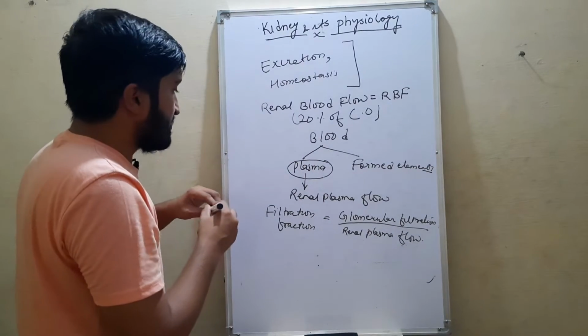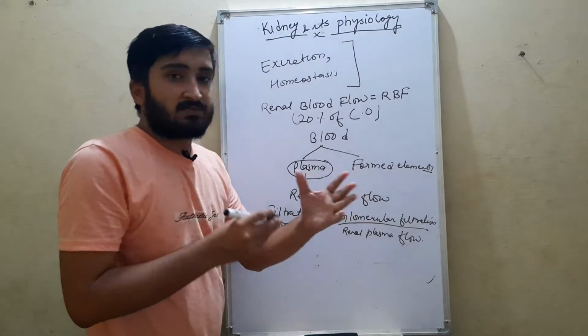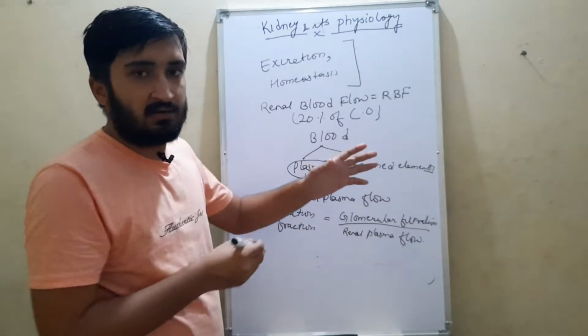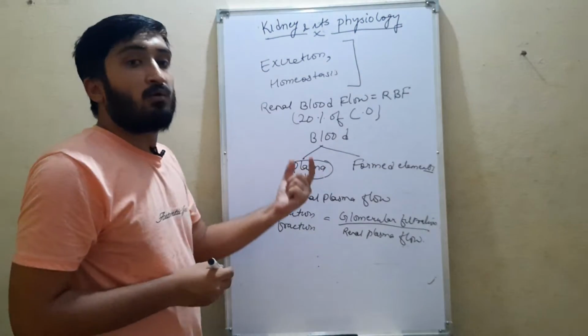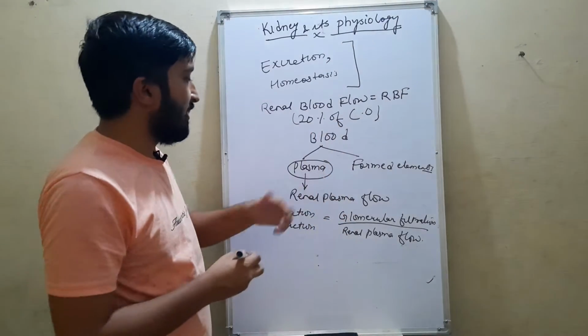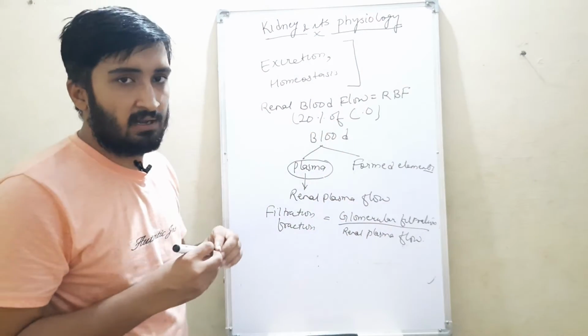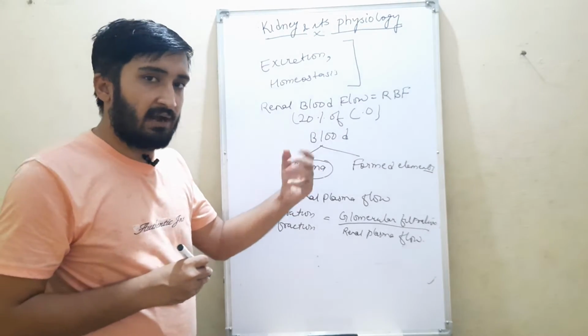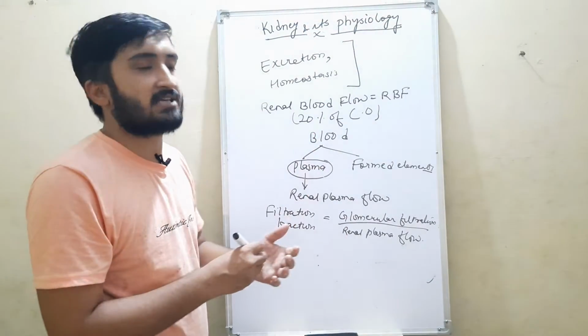Now see, in the plasma fraction of the filtration system, among proteins only albumin will be filtered, because the size of albumin is less than 70,000 molecular weight. So only the albumin will get filtered into that Bowman's capsule.